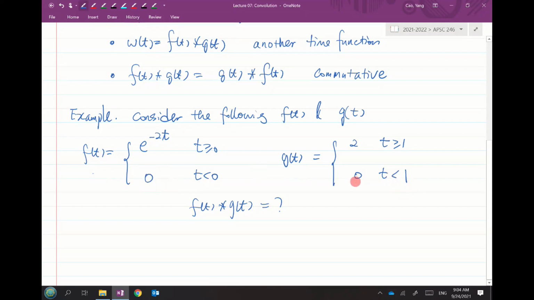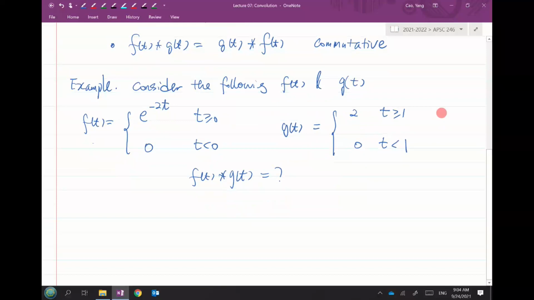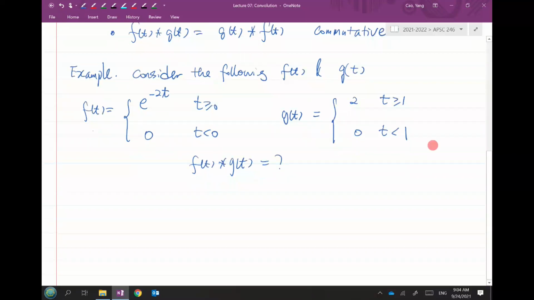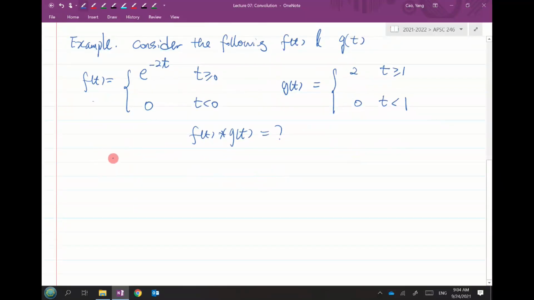So both are causal functions. The first step of the graphic approach means we should graph out the two piecewise functions. As I mentioned in previous lectures, these are very basic functions. This is a basic exponential decay function, and this is also a basic constant. You need to be able to graph them out if the question doesn't graph them for you.